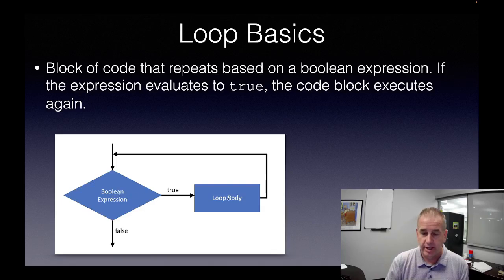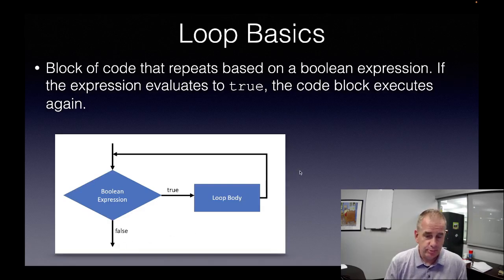Well, if we are still counting, it's going to come over here, count up to the next number, print out that number, and then come back and ask itself again, are we still counting? Yes, we are. So it's going to repeat the process again. And eventually it's going to be at 10 and it's going to come back false. And so the program is just going to continue on with execution from there.